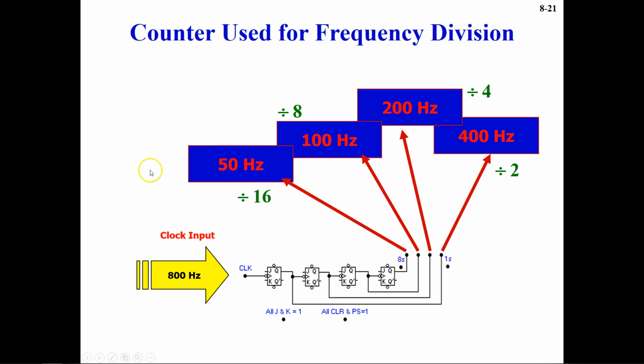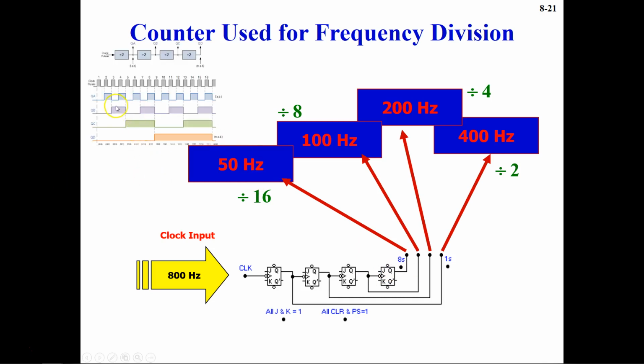And then you can also verify this from the timing waveform. You see that this is our clock and this is our QA. This QA represents your ones output, when the frequency is 400 hertz. You can see how the clock frequency has reduced to half, which is your 400 hertz, through the waveform also.